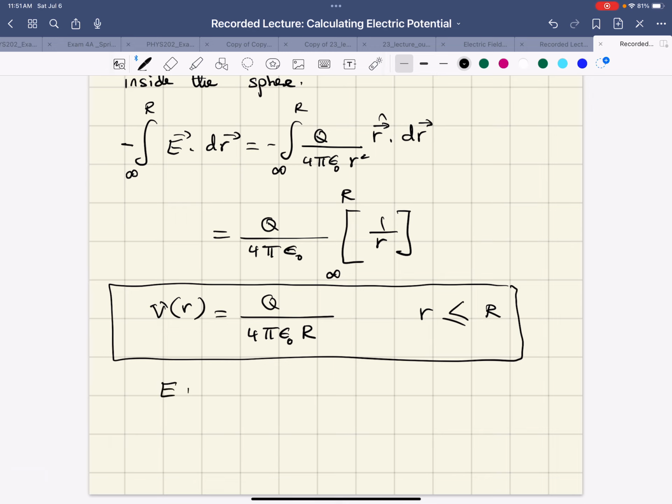That is what we call an equipotential surface. Which means if I calculate it, putting in r equal to the magnitude of the radius, then this is the potential for every single point inside the sphere.